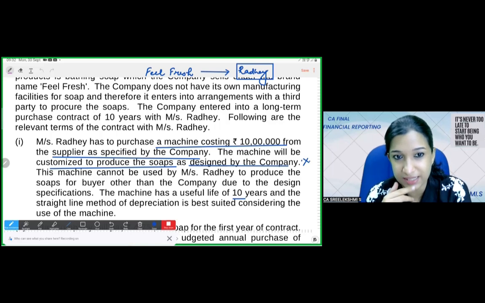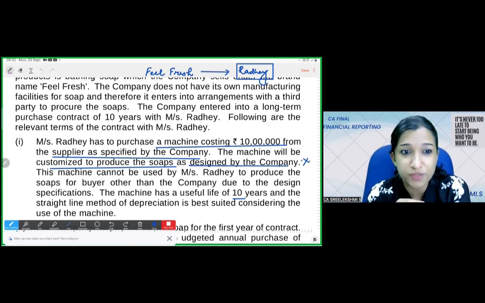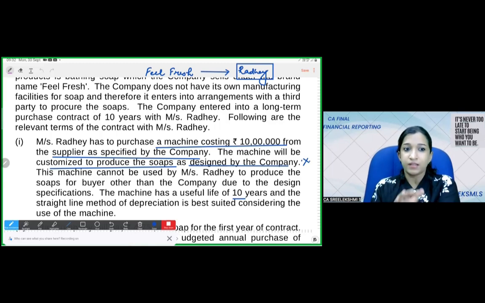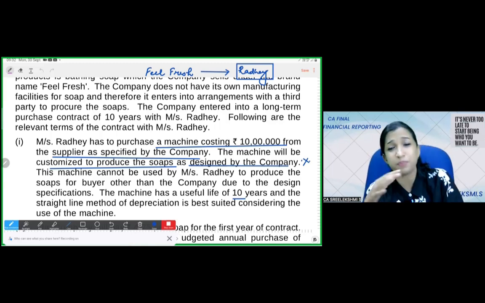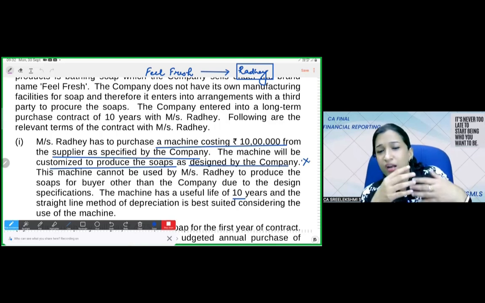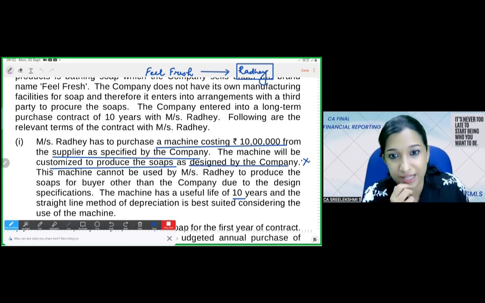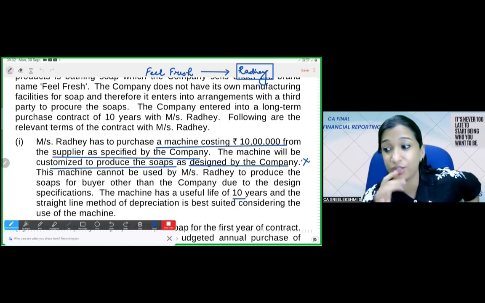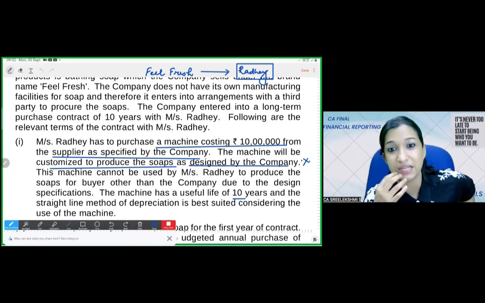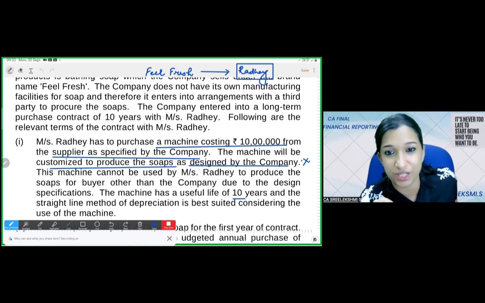Radhe has purchased the asset and is the owner, but the machine is customized to produce the soaps as designed by the company and cannot be used for other buyers. Feel Fresh directs the use of the asset, and the customer designs the asset or operates it on behalf of the lessee. All the conditions are satisfied.